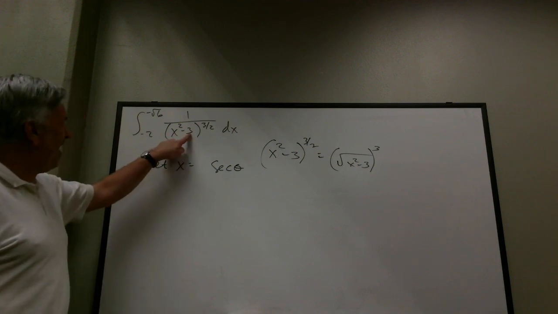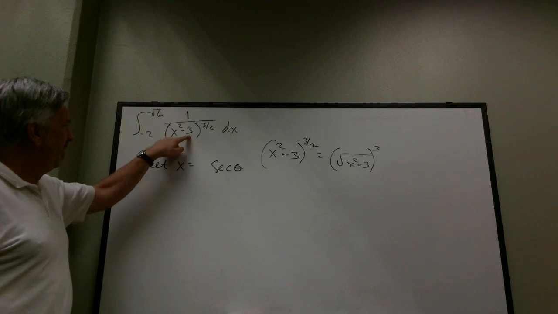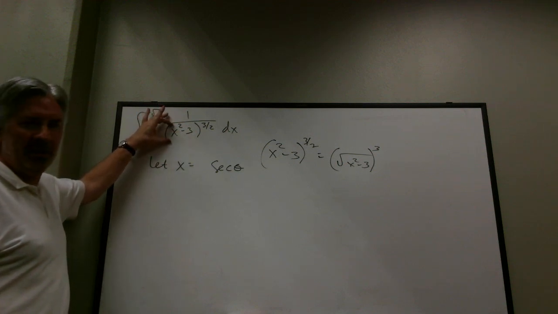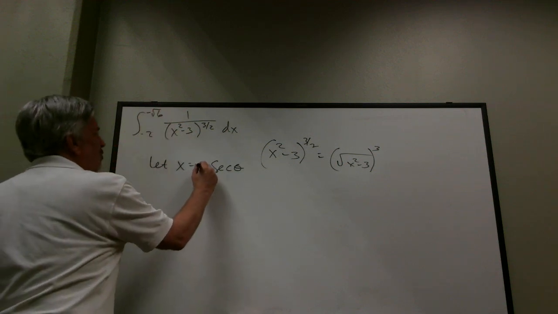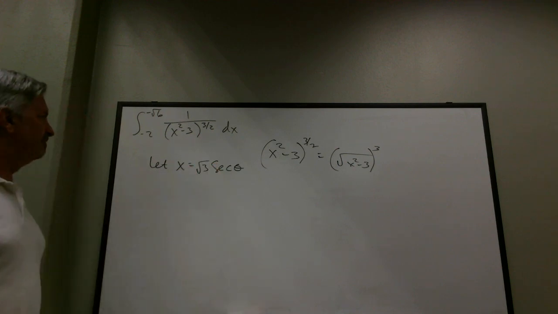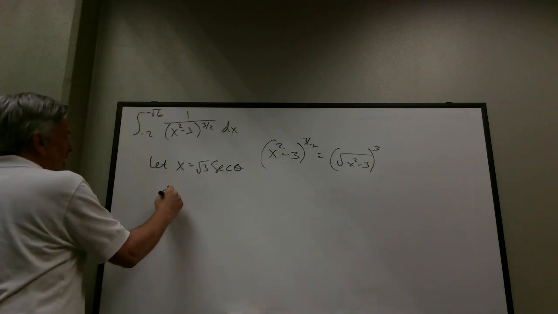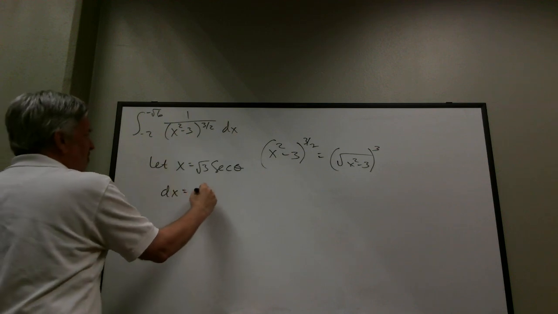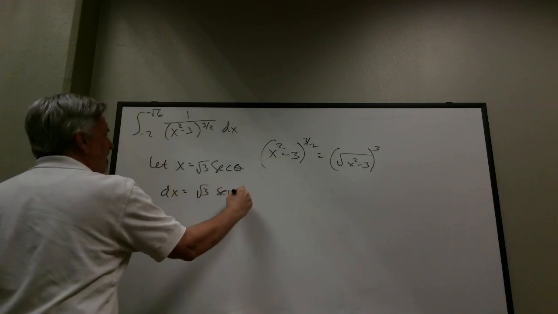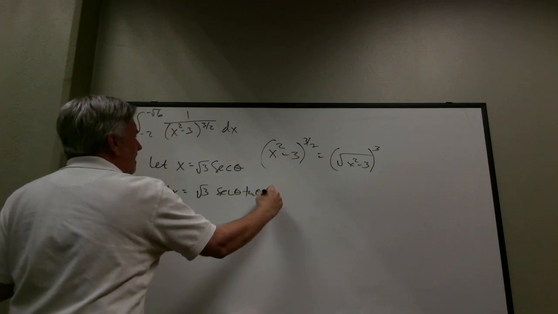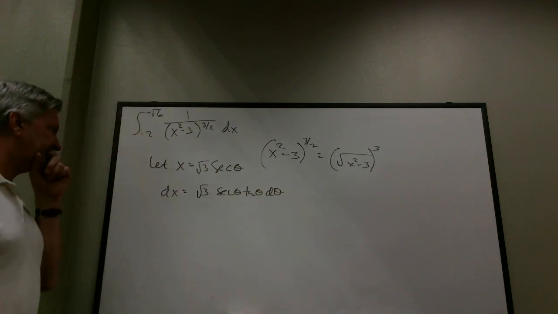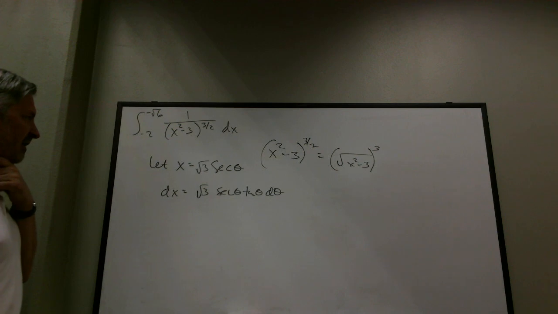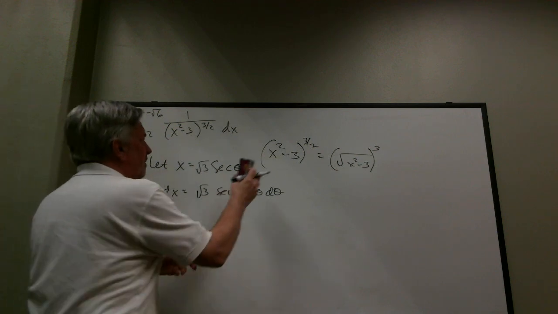I want to be able to factor out this 3, so I need a 3 when I square the x. So you're going to need square root of 3. If you're not sure why it's root 3, you'll see when we get going. Then dx is square root of 3 secant theta tan theta d theta, the derivative of secant theta being secant theta tan theta.